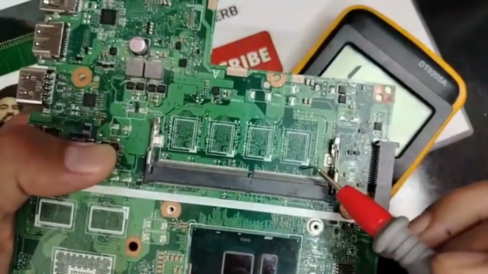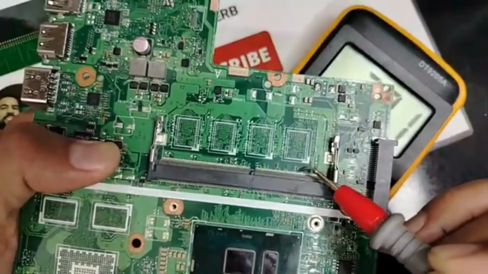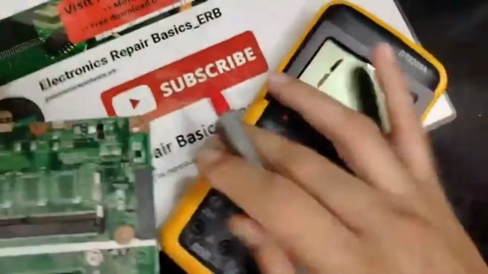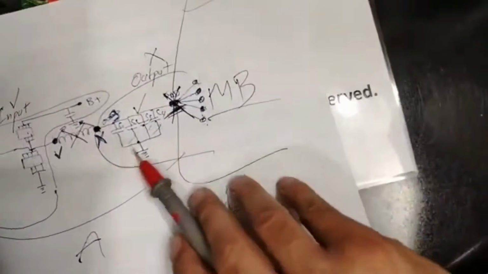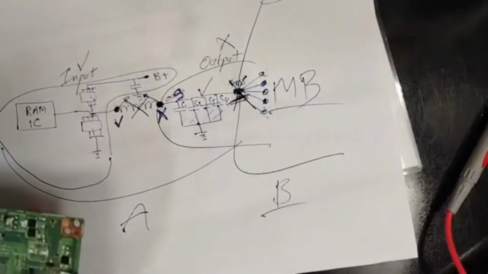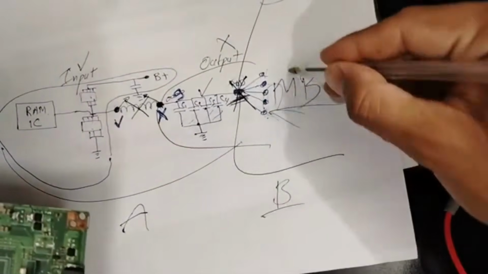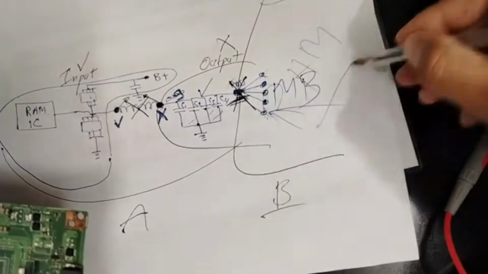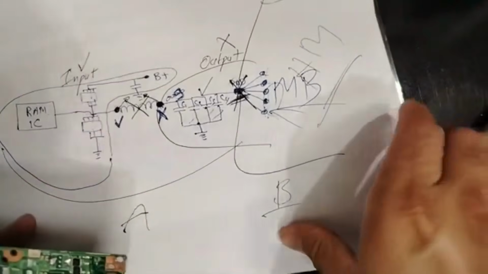All cell capacitors here are shorted. Do you see? Because my friend, as I told you, basically the circuit here is for the RAM. This side means the motherboard, but here we have, of course, the RAM circuit. This is the RAM circuit.